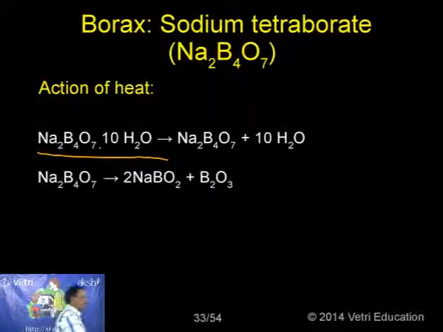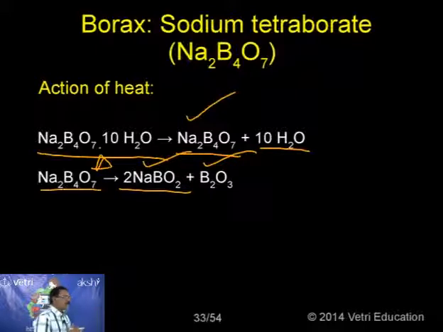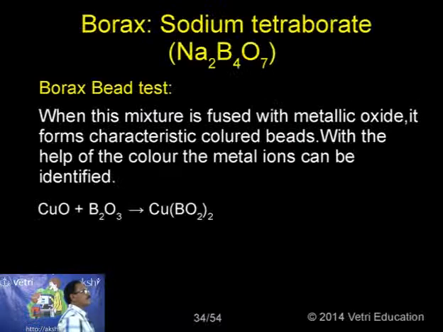On action of heat, it first produces sodium tetraborate, with the 10 water molecules removed. So we are getting this anhydrous sodium tetraborate, and on further heating, we are getting sodium metaborate and B2O3. So a question can be asked on this. Kindly follow me. The next one.